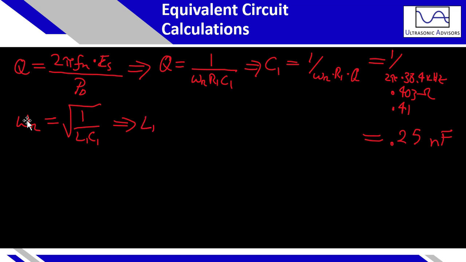So this can be used to solve for the inductance value, and this gives us 1 divided by 38.4 kilohertz times 2 pi, and that's going to have to be squared, multiplied by 0.25 nanofarads.